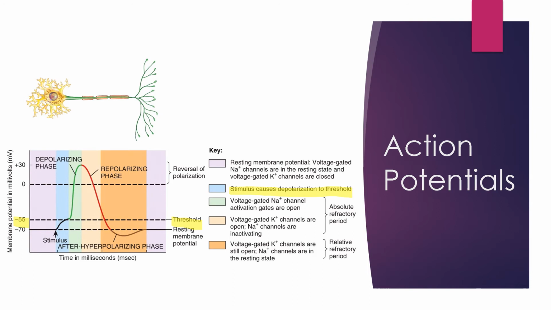Here we have this stimulus, and it's going to bring the membrane potential up to negative 55 millivolts, which is going to cause the action potential and initiate the depolarizing phase. Once the membrane reaches a peak at about positive 30 millivolts, this is when it begins the repolarizing phase.